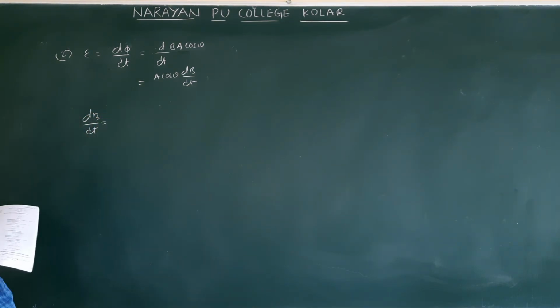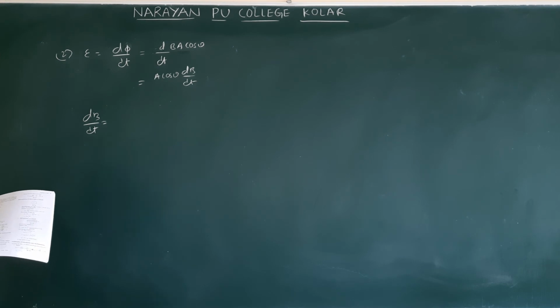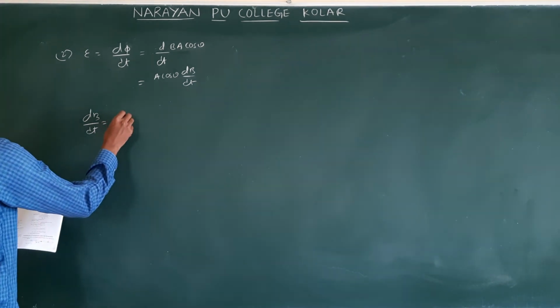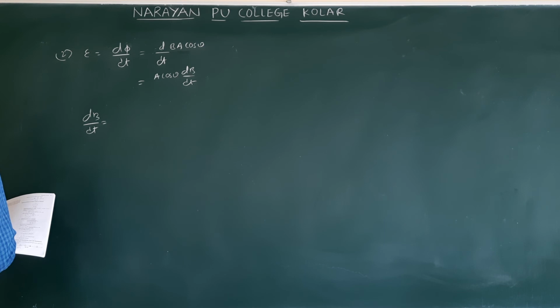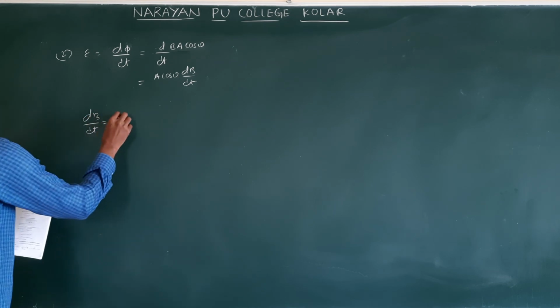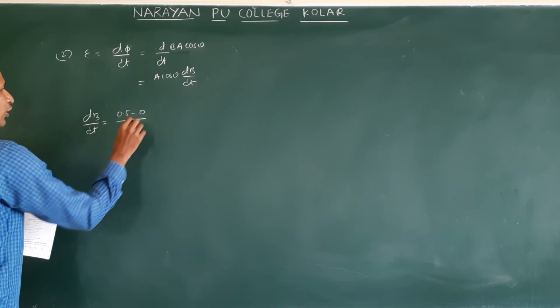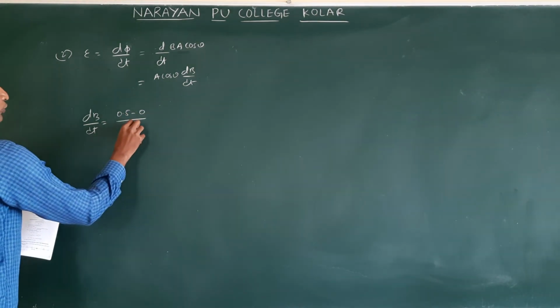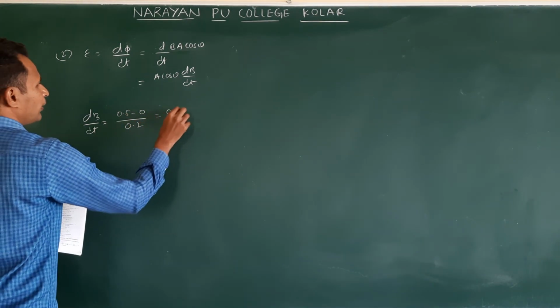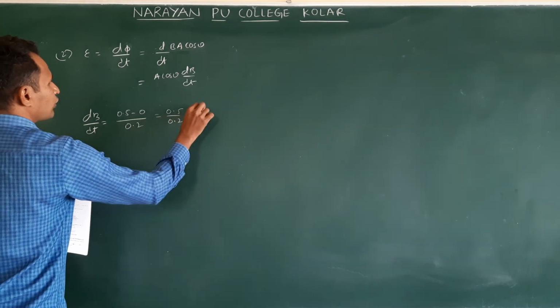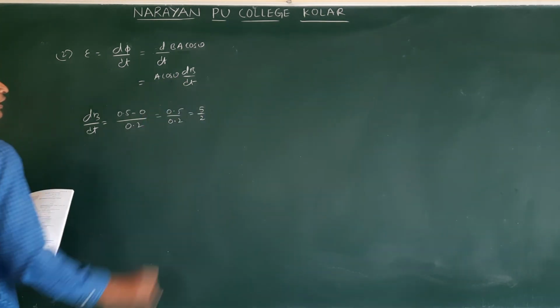According to the question, the magnetic field is changing from 0 to 0.5 Tesla in 0.2 seconds. So in the field increases from 0 to the final value. Final value is 0.5, so 0.5 minus initial, in how many seconds? 0.2. So this is 0.5 by 0.2, this is 5 by 2. Substitute here, you will get the answer.